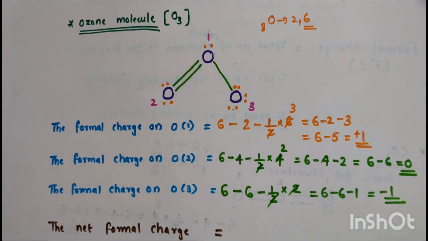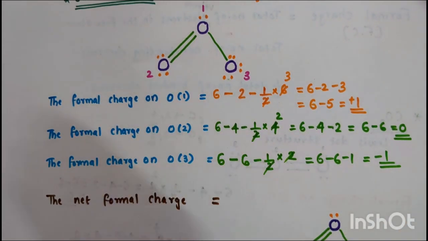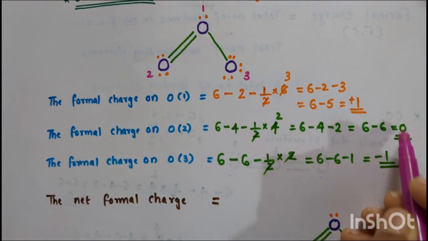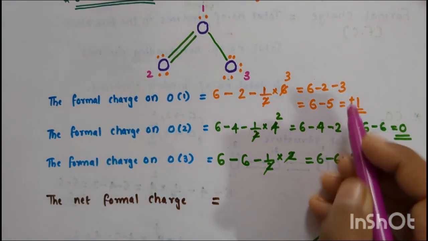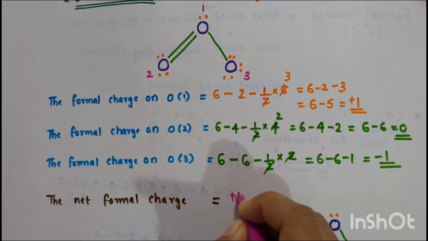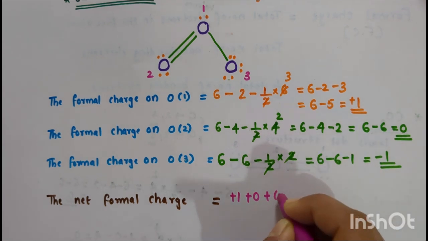Now, what about the net formal charge on this ozone molecule? The net formal charge will be the sum of these individual formal charges. That is, the net or total formal charge will be equal to plus 1 plus 0 plus minus 1.